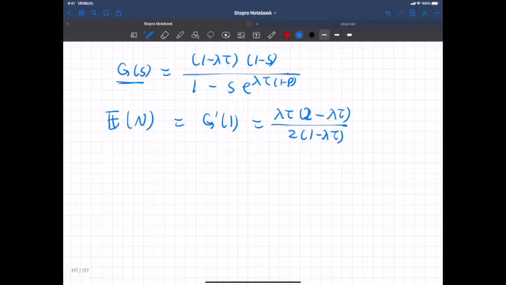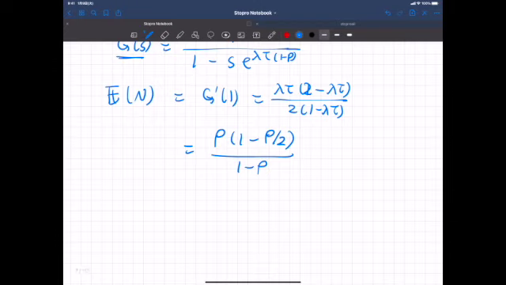In terms of rho, this should be rho over 2 times 1 minus rho. In this case, the service time is not exponentially distributed. It's fixed. So in this case, rho should be lambda times tau, where tau is the service time. Of course, the expected service time is tau because it's constant.